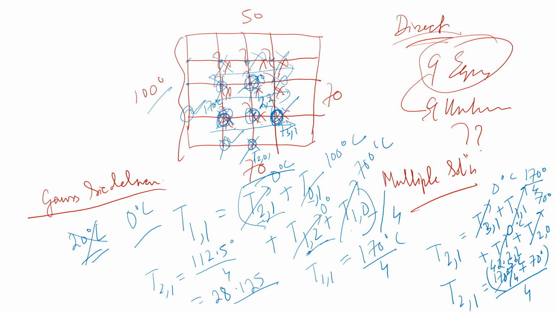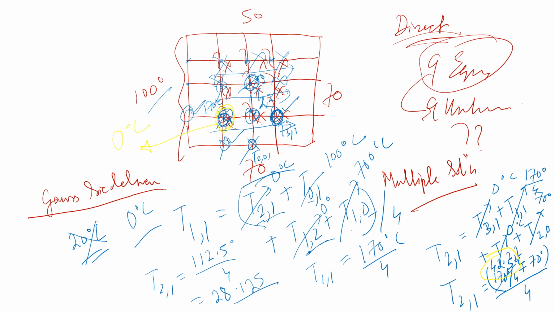Now you can see that after the first iteration is completed, this point, which we have assumed to be 0 degrees centigrade, has come up to be, after iteration, not 0, but 42.5 degrees centigrade.